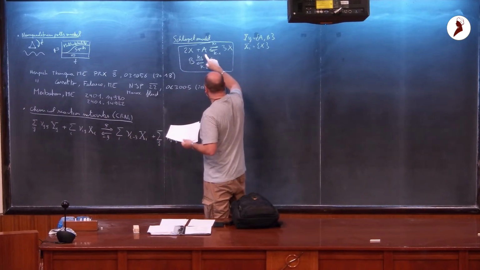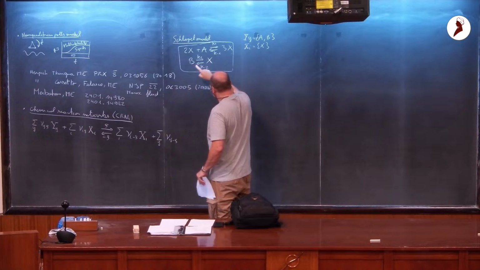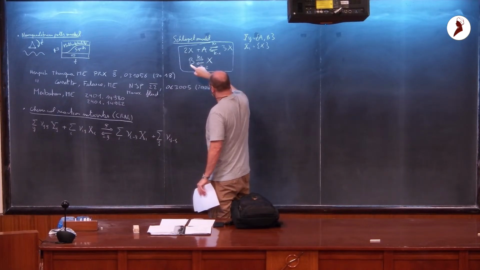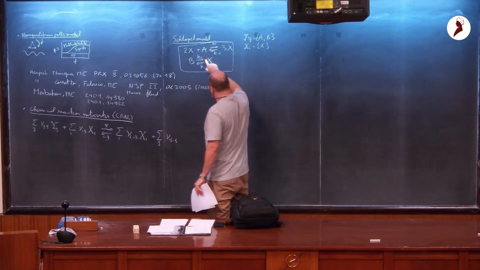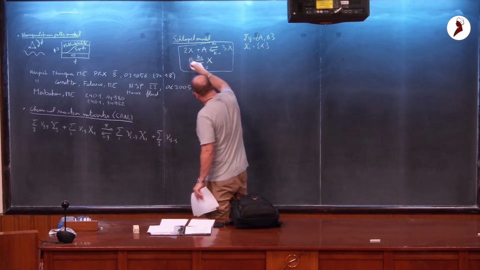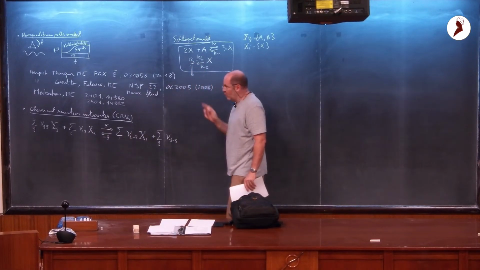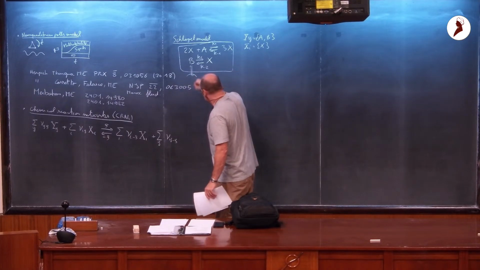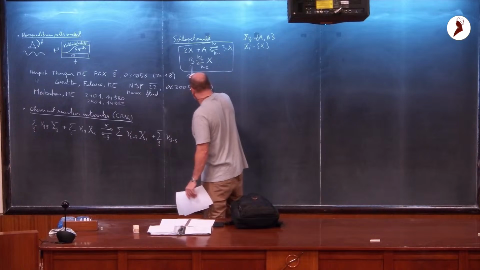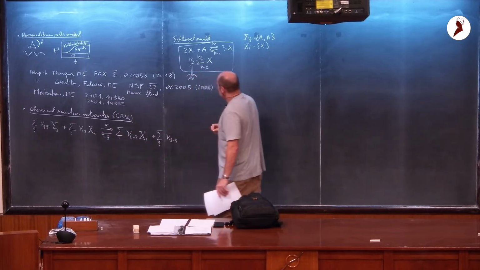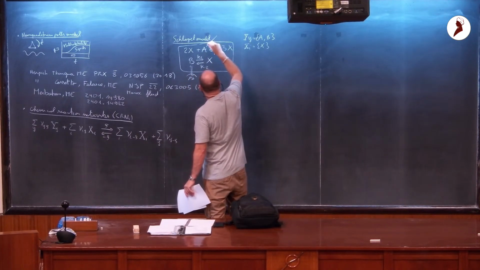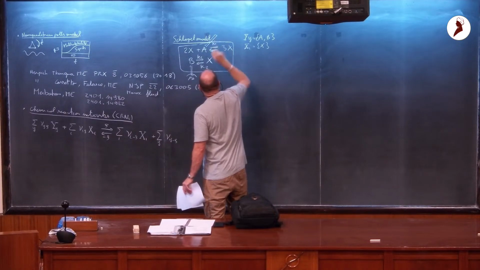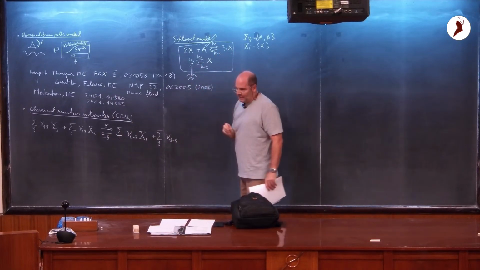Whenever this reaction happens in this direction or this direction, B gets consumed or produced, and there's a mechanism from the outside that resets its concentration. So you can think of this as a bath with a chemical potential for B, and the same thing for A, in such a way that the concentration of A and B never changes.